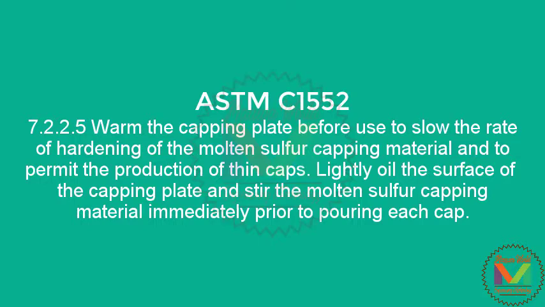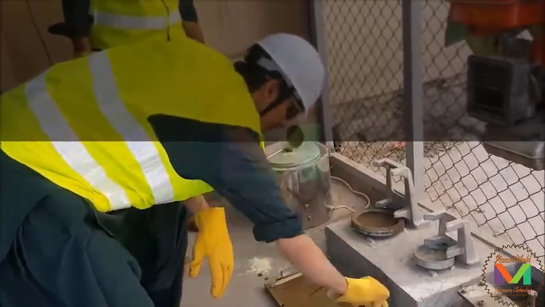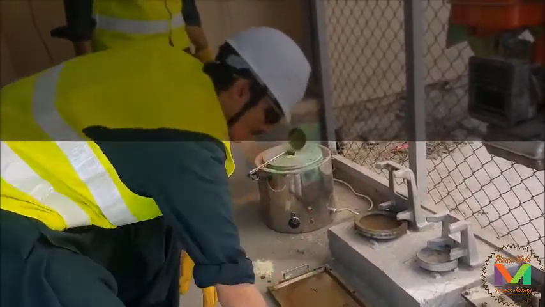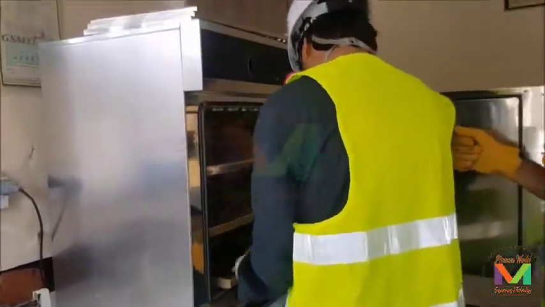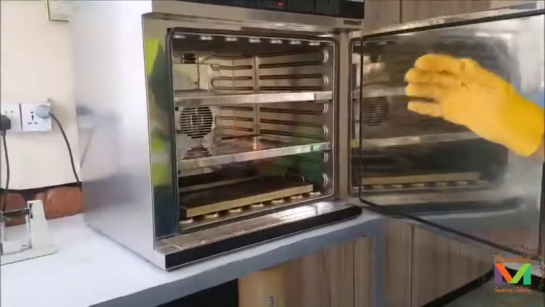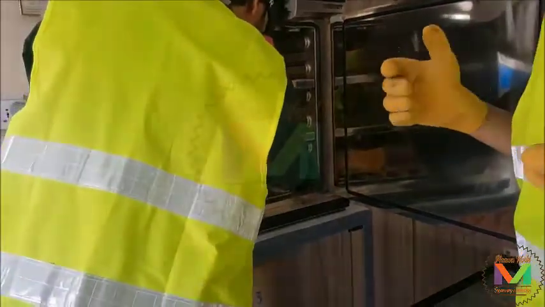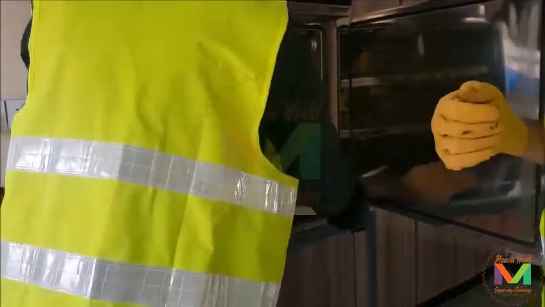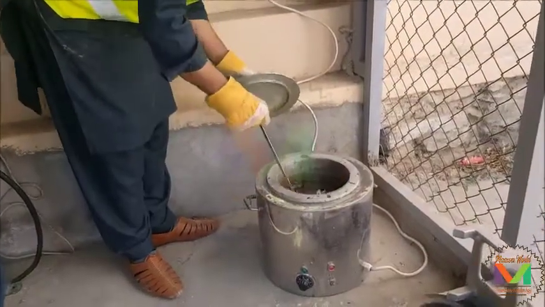As we are doing now, we have to lubricate it, and afterwards we need to put it in the preheated oven to get warm. Keeping all this warm, we have to start capping the specimen. Sulfur, we need to pour it into the capping mold.